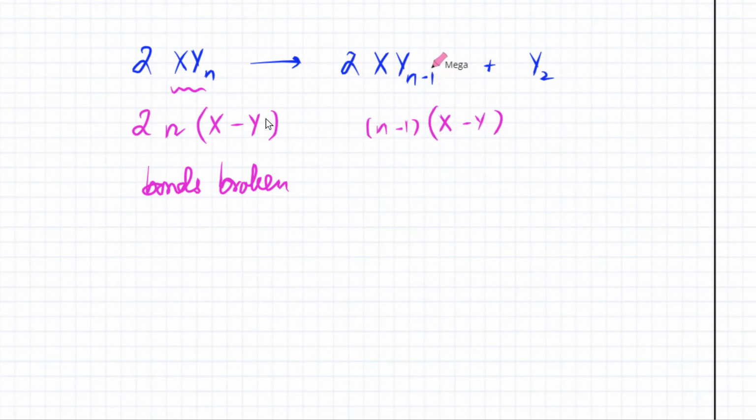So whatever N minus 1 is, you're breaking that many bonds, and there are 2 molecules, so you multiply that by 2 as well. And over here, it's a Y2 molecule, so a Y-Y bond is also getting formed. These are the bonds that are formed.